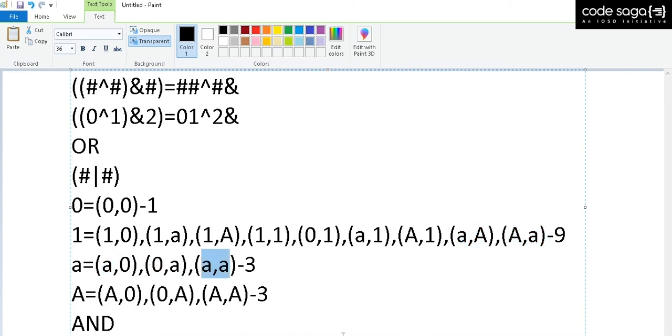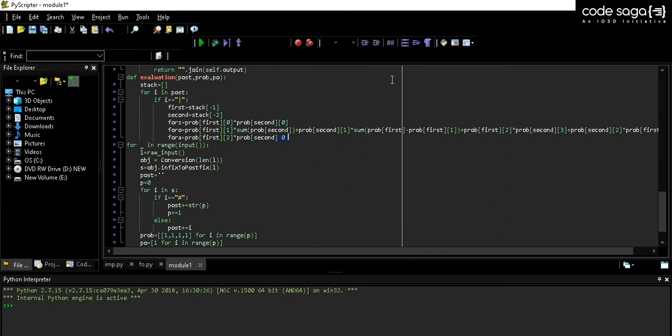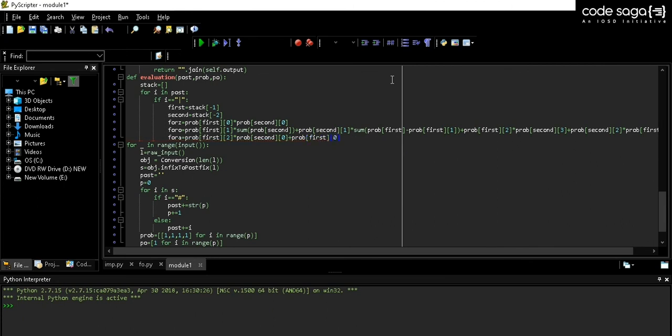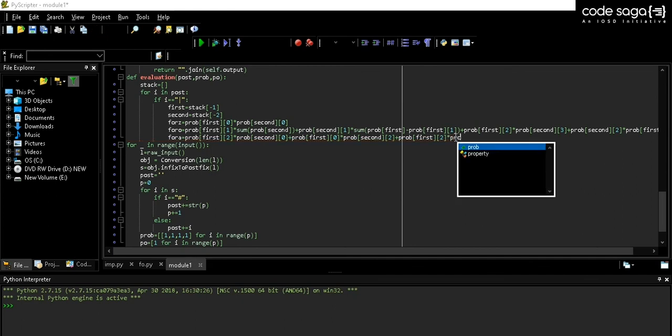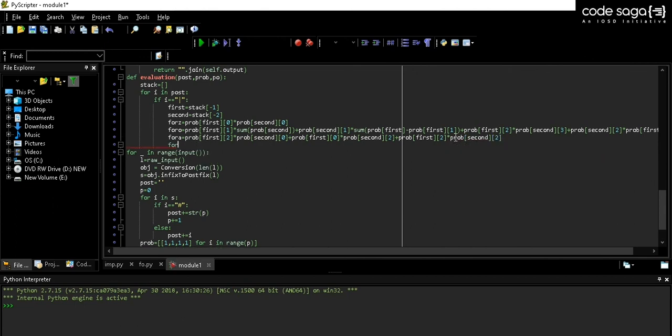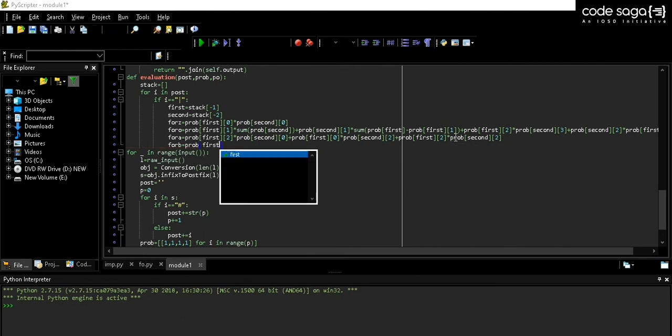We also have 0 and A, and A and A, so plus probability of... Then similarly for capital A, I will denote capital A by B because I don't really like making my variables in capital letters.